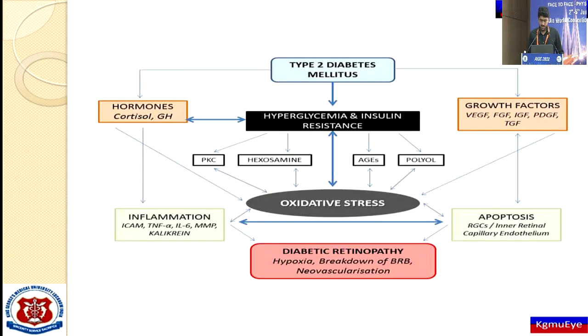In patients with type 2 diabetes mellitus, hyperglycemia and insulin resistance lead to oxidative stress, which causes inflammation and apoptosis of retinal ganglion cells and inner retinal capillary endothelium, which leads to changes of diabetic retinopathy. Hyperglycemia and insulin resistance are governed by hormones like cortisol and growth hormones, and apoptosis is mediated through growth factors like VEGF.